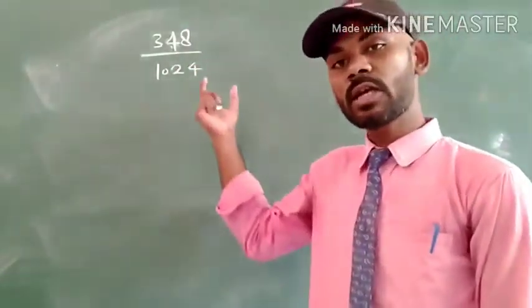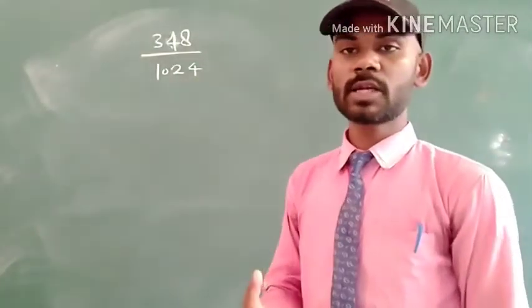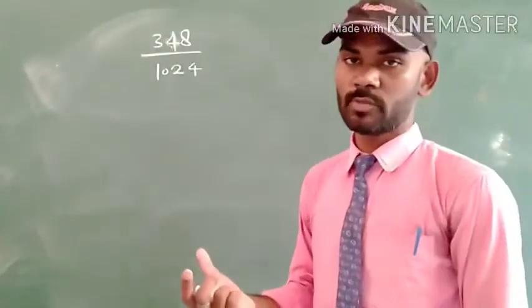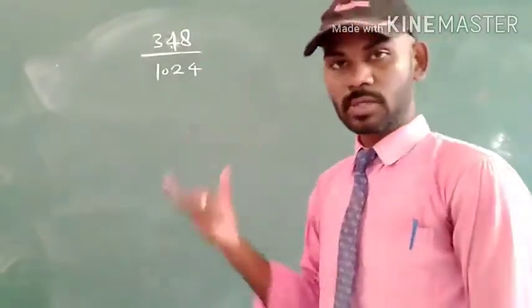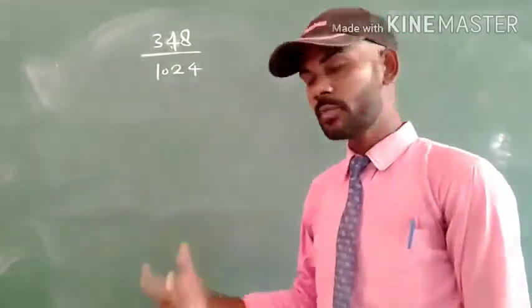We can find out the HCF of these two numbers using any method. You can use prime factorization method or you can use division method. Since the numbers are large, we prefer the division method.